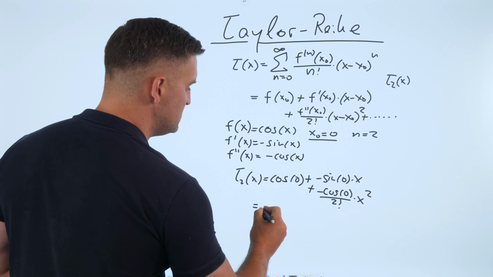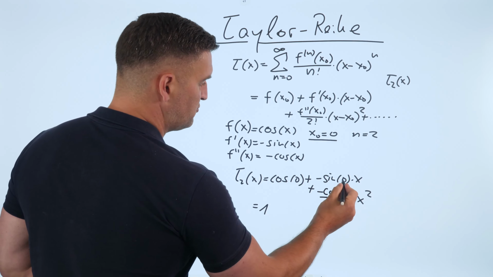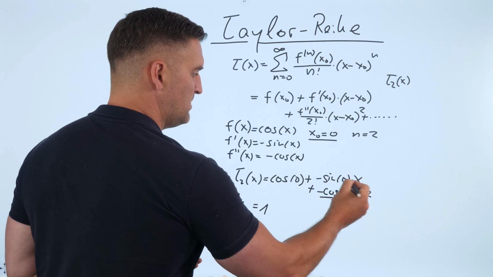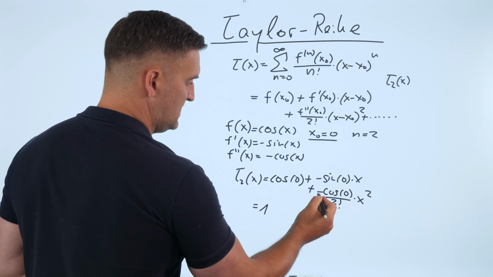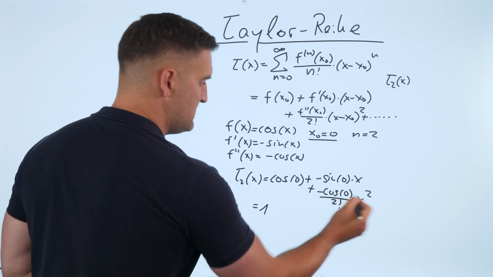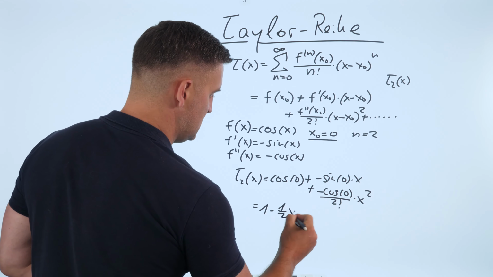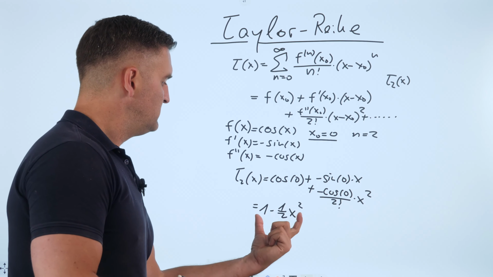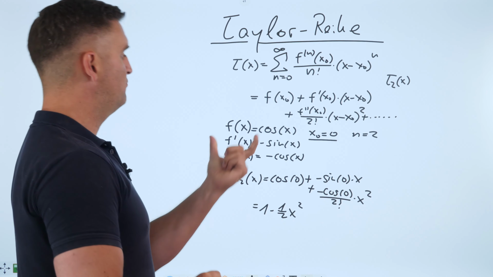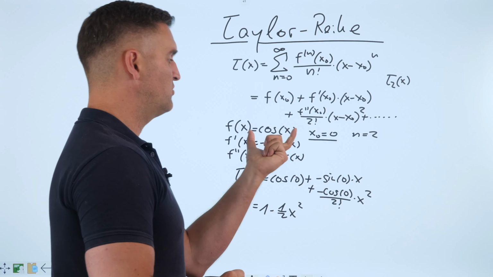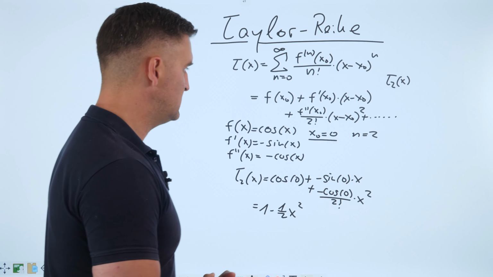Cosine of 0 is 1, sine of 0 is 0, and anything times 0 drops out. Cosine of 0 is 1 over 2 factorial, so minus 1 over 2 times x squared. Here we have the Taylor polynomial up to n equals 2 for the function cosine of x at the point x equals 0.